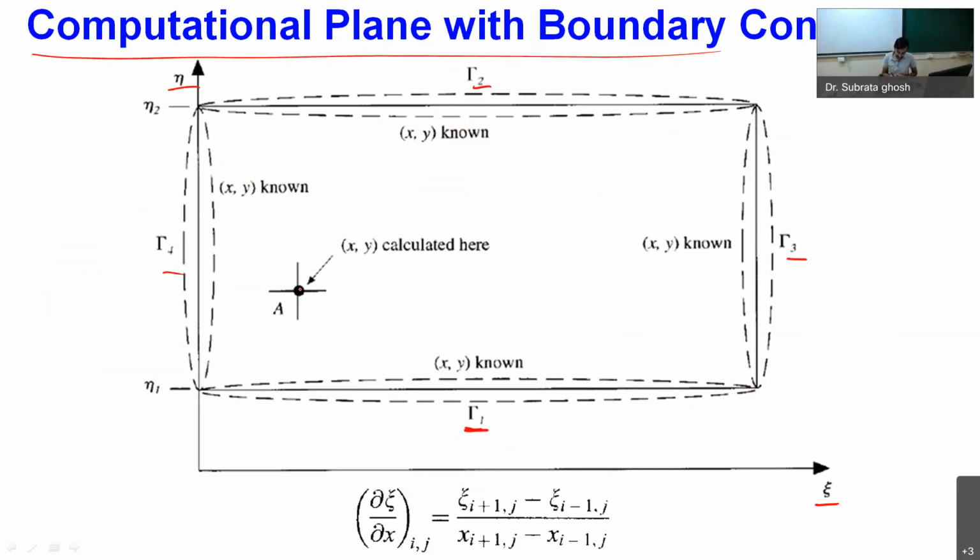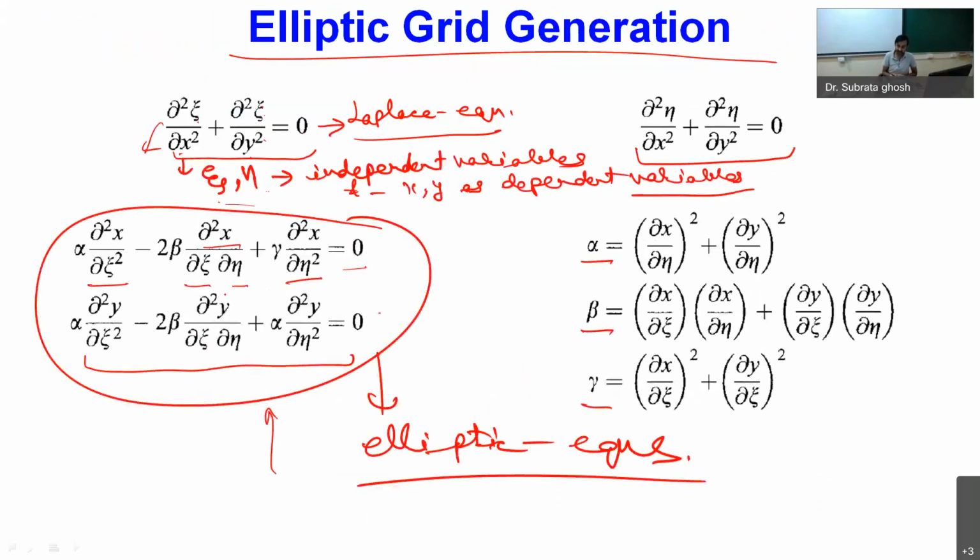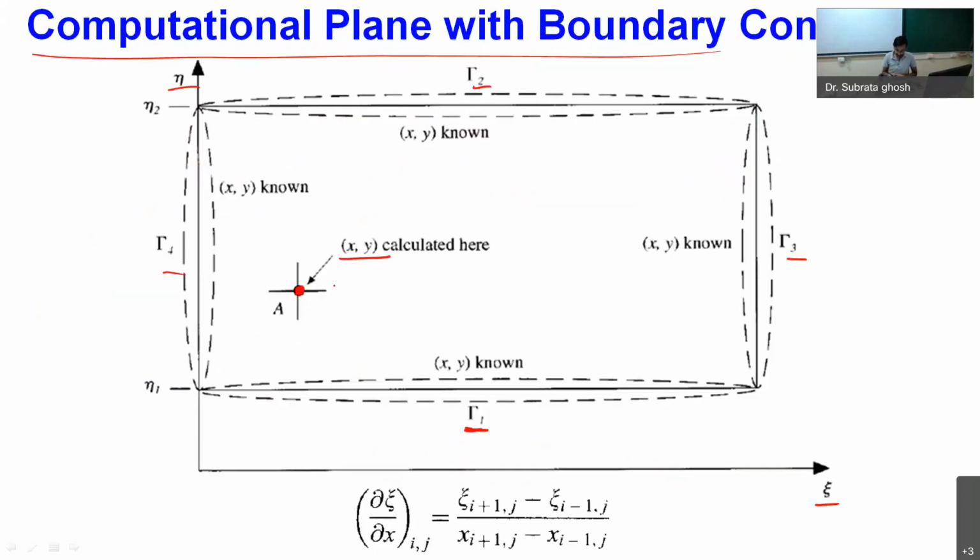If I have any point A on this grid structure and I want to calculate the corresponding value of xy, I have to solve this equation using the finite difference method, and from that finite difference approximation I will be able to calculate the value of xy, and these xy, once I plot in my physical plane, will represent the point corresponding to our O grid structure.